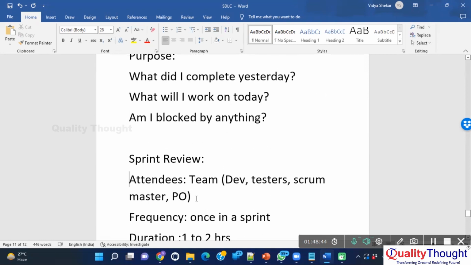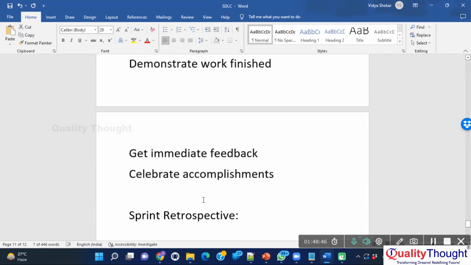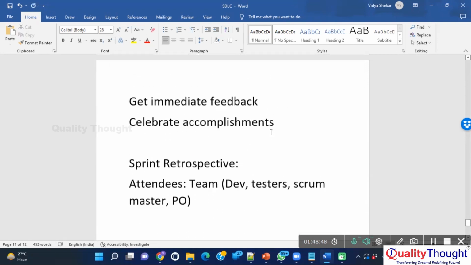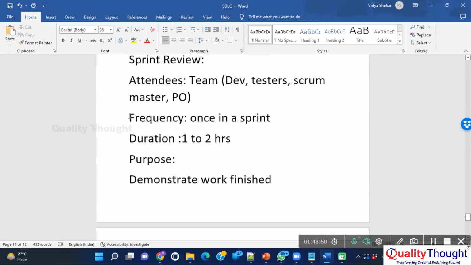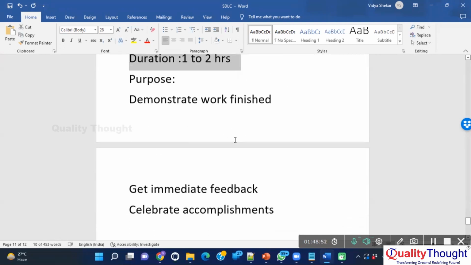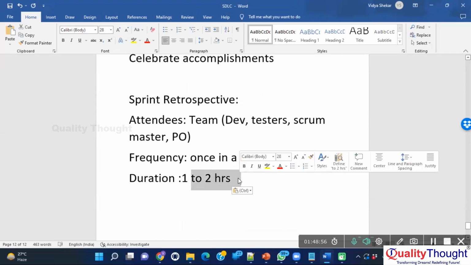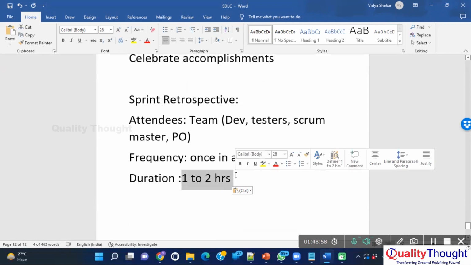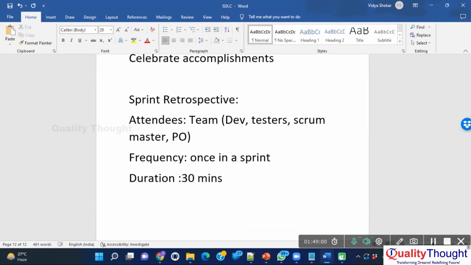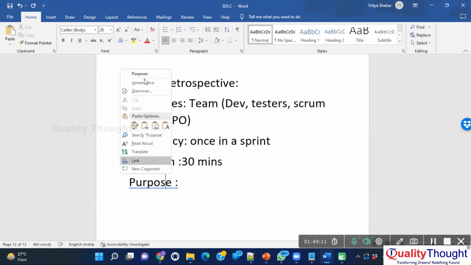Everybody will attend. What is the frequency? Once a sprint. Maximum it would be 30 minutes. Purpose. Yes, now you can tell. What is the purpose of this meeting?